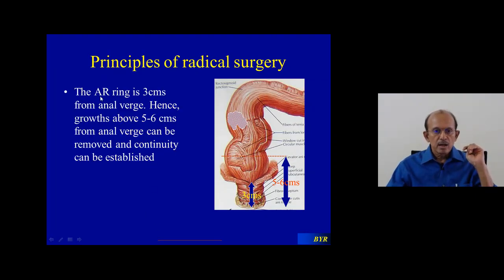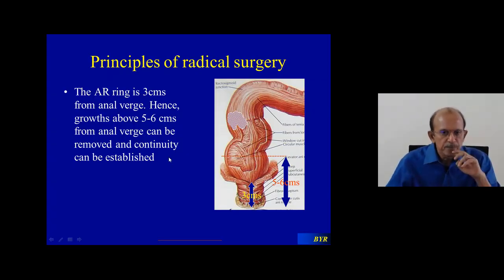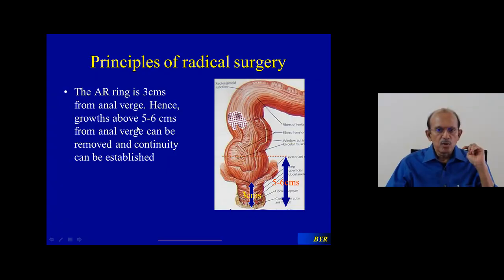The anorectal ring is at 3 centimeters from analwards. Hence, growths above 5 to 6 centimeters from analwards can be removed and continuity can be established. So this anorectal ring or levator muscle is at 3 centimeters from analwards. So you add 2 centimeters for that. That means it comes to 5 centimeters.